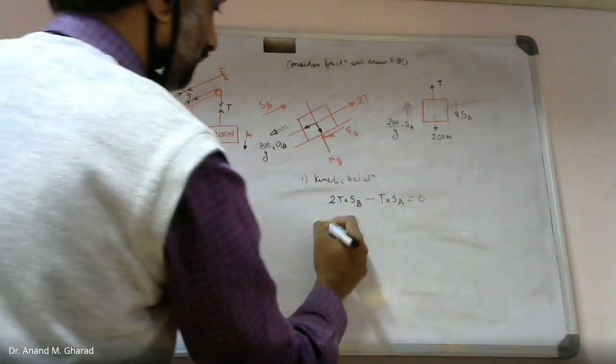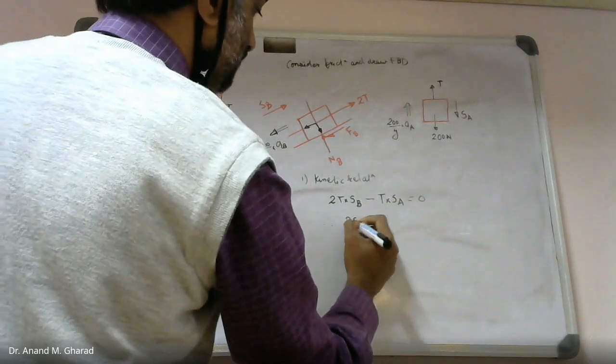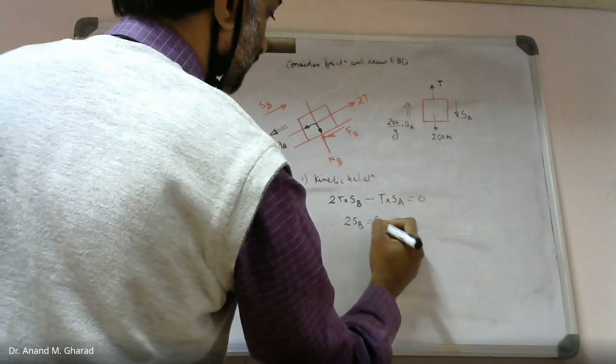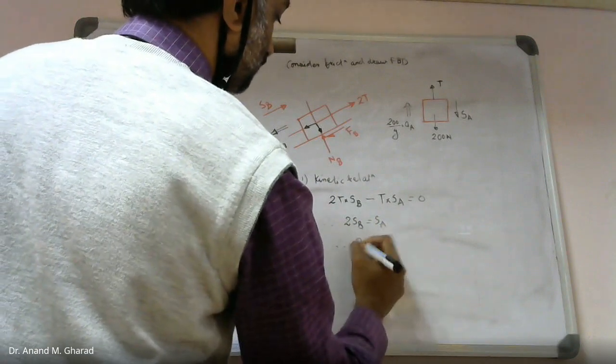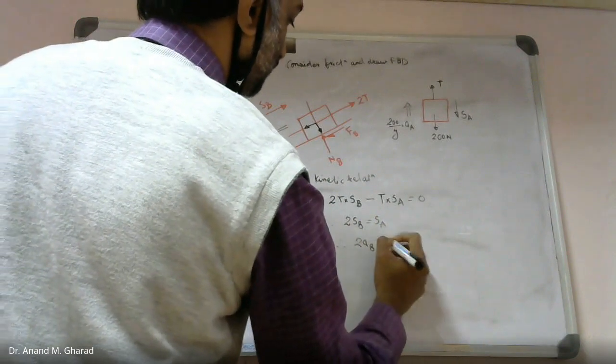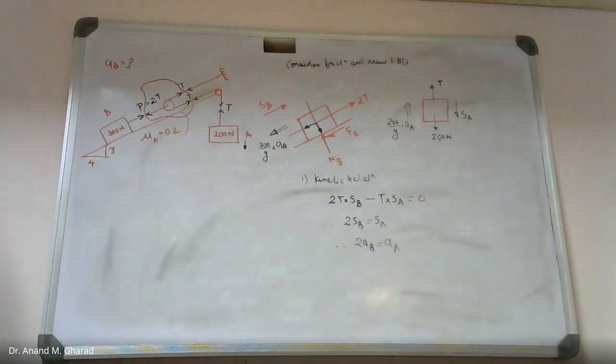Therefore 2 times SB is equal to SA, and therefore 2 times AB equals AA. This is the only change. Rest, you can formulate the dynamic equations of equilibrium and solve it. Okay, is this okay?